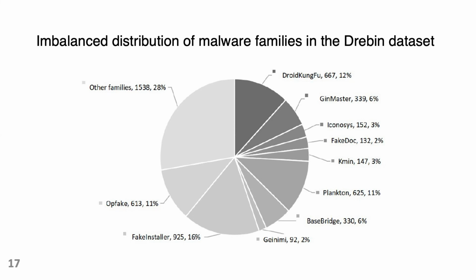During our analysis, we have found that the actual distribution of the size of malware families is often highly imbalanced, as illustrated in this figure. In the Dragon dataset, within the 179 families that are enumerated, some are represented with a single APK sample, while other families include hundreds of samples.